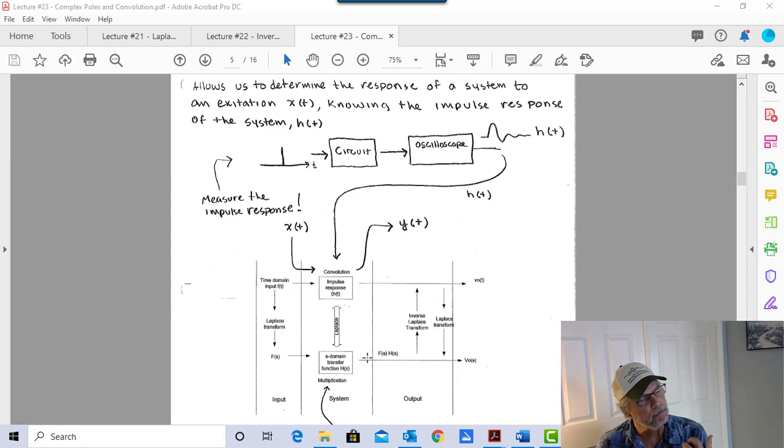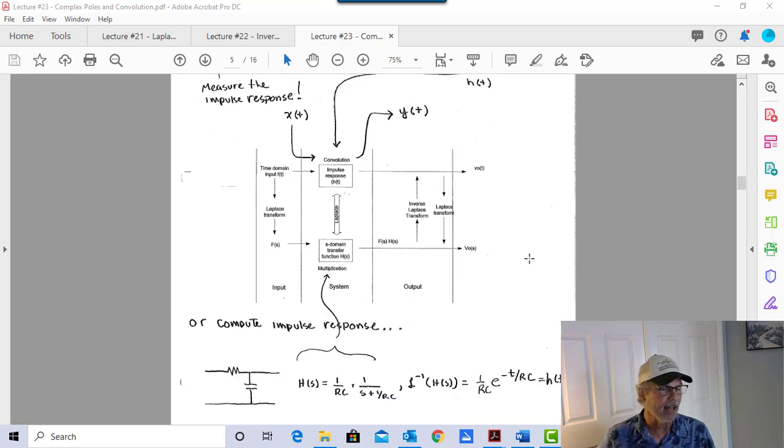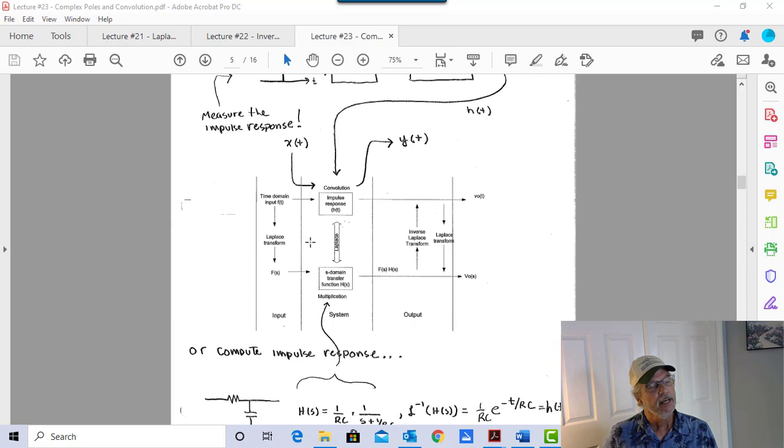So what that means is that if I take the Laplace transform of the impulse response, I get the transfer function. If I take the inverse Laplace transform of the transfer function, I get the impulse response. So I really want you to see that relationship, and that's why the impulse response is so important.